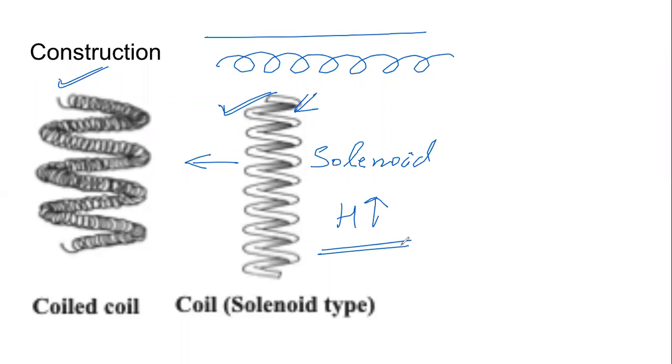In the minimum space. Suppose we have this much space to put the coil. Now, if we put the wire straight, then we can only use this much of wire.